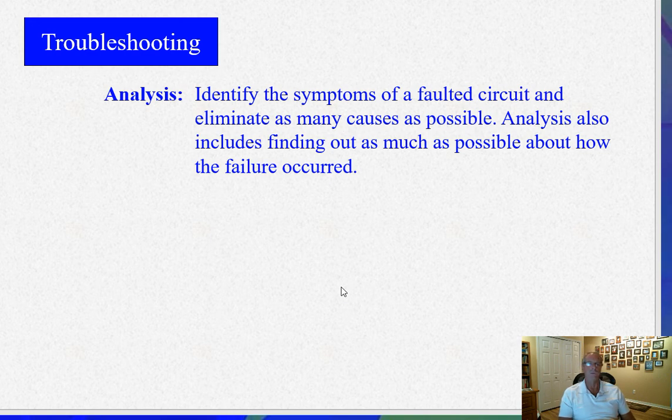Always 0.7 volts, roughly. If you see it 0 or you see the full range of the power supply output or the transformer secondary, you know that diode is gone. It's an open diode, right? Or if it's 0 volts, it's a shorted diode. Okay, so those diodes are pretty easy to troubleshoot.